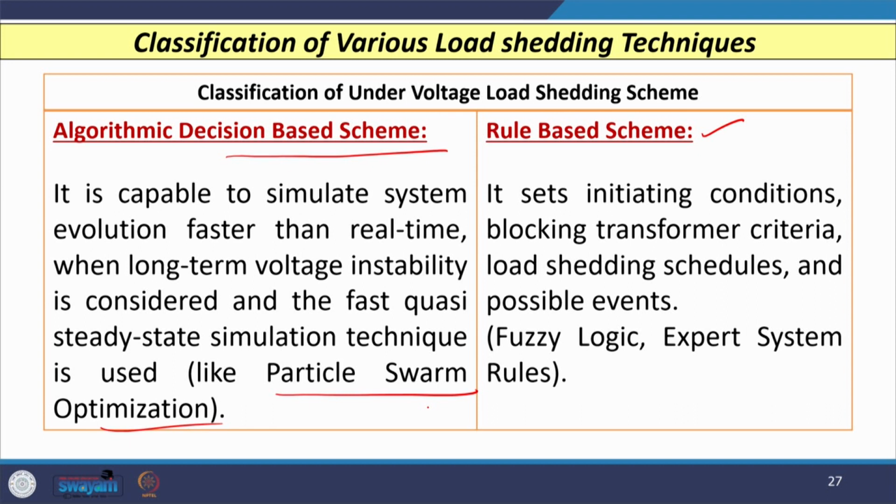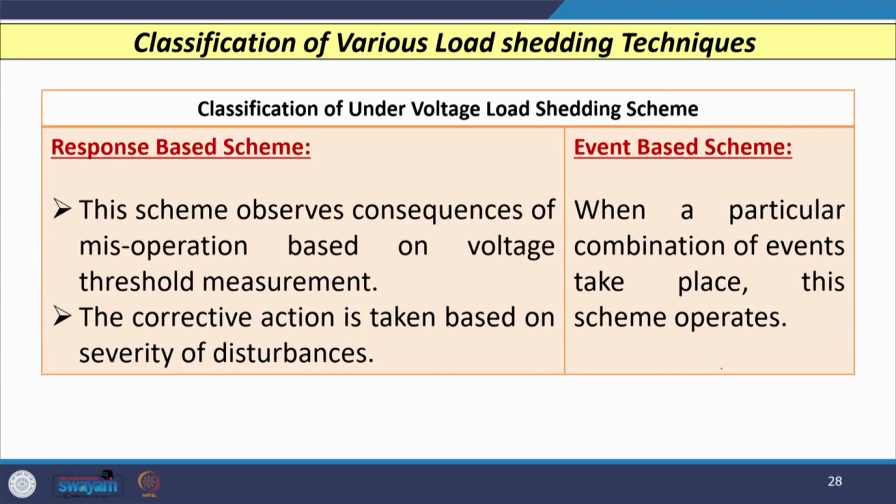Whereas, rule based scheme sets initiating conditions, blocking transformer criteria in load shedding schedules and possible events, and the best examples of rule based schemes are fuzzy logic based scheme and expert system based scheme. These are the examples of this type of scheme.